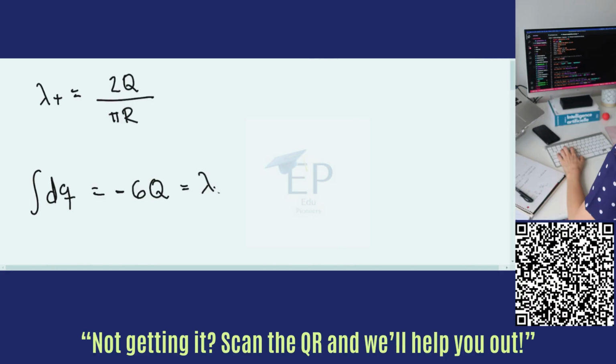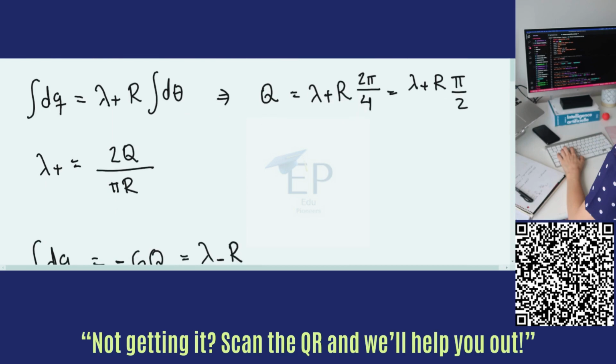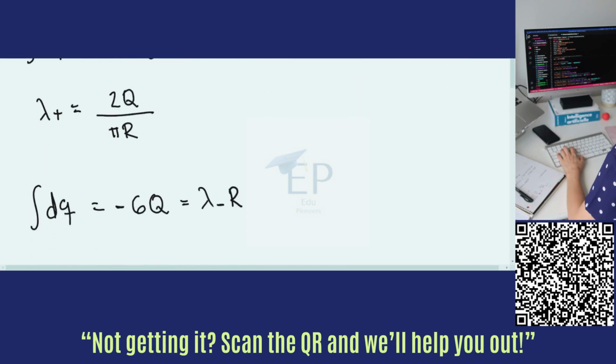We're going to call this the negative density times r, and the angle. In this case, the angle is the rest of the circle, so we can obtain it by subtracting from 2 pi the other segment that we just obtained, pi over 2. It's easy to see that we will obtain 3 pi over 2.